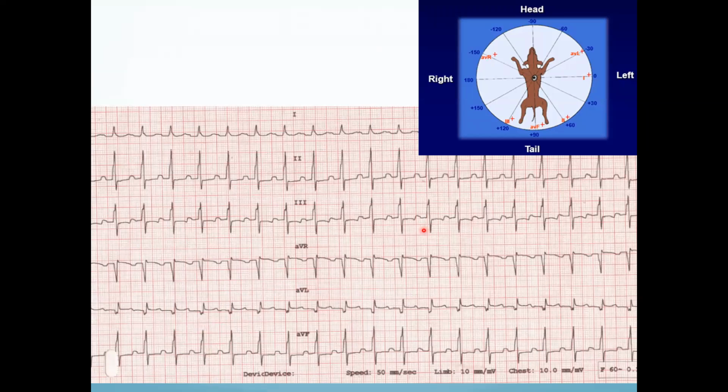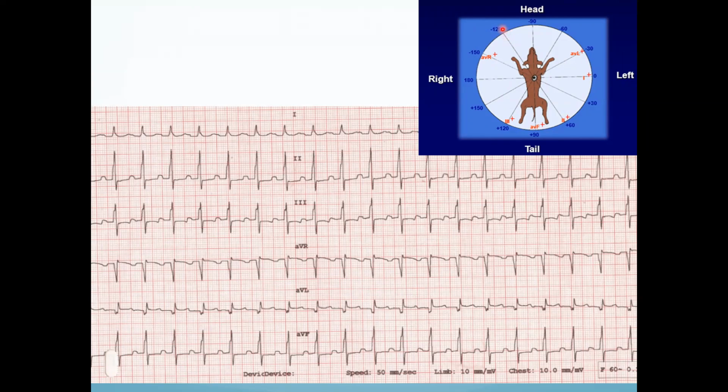So then we can look at this system and see what lead is perpendicular to AVL. We've said that AVL is isoelectric, and the isoelectric lead is always perpendicular to the mean electrical axis. So we look and see which one is perpendicular, and we find it's lead 2. So we know the mean electrical axis must sit somewhere along lead 2.